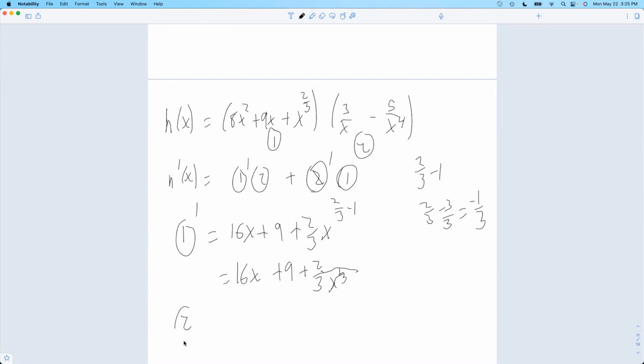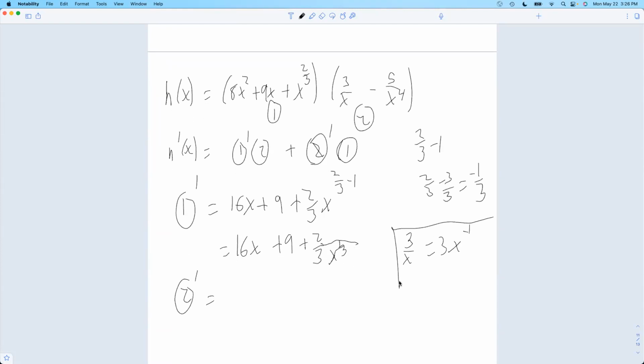Okay, what about number 2's derivative? I've got 3 over x. 3 over x, I could do quotient rule on, or I could think of this as 3 times x to the negative 1 power.